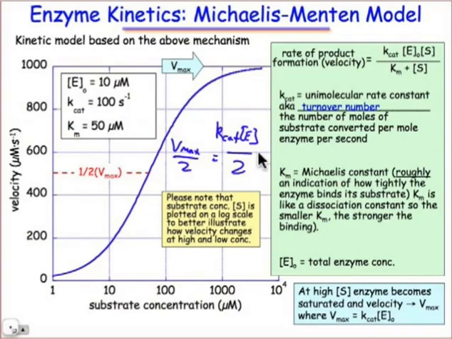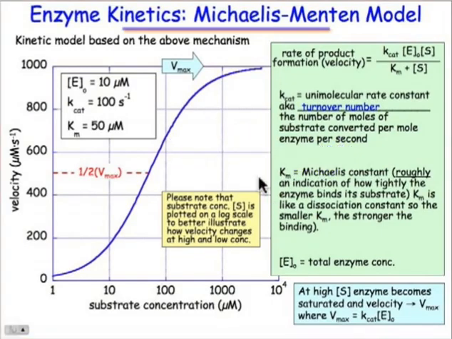If we just set Vmax over 2 equal to the Michaelis expression for velocity, kcat times the concentration of enzyme times the concentration of substrate over Km plus substrate, you can go ahead and solve that for the concentration of substrate, and what you'll be left with is, at Vmax over 2, the concentration of substrate that brings about that velocity is just equal to K sub m. So when the substrate concentration is equal to K sub m, we're going to have Vmax over 2.